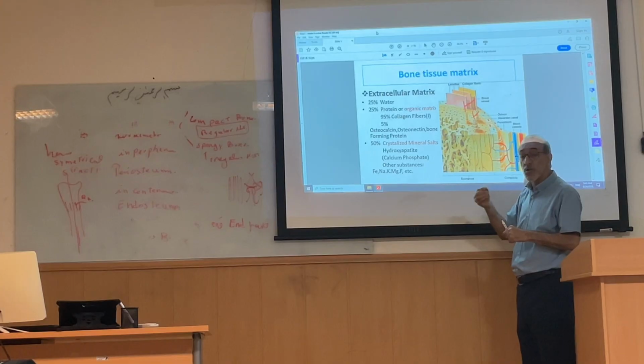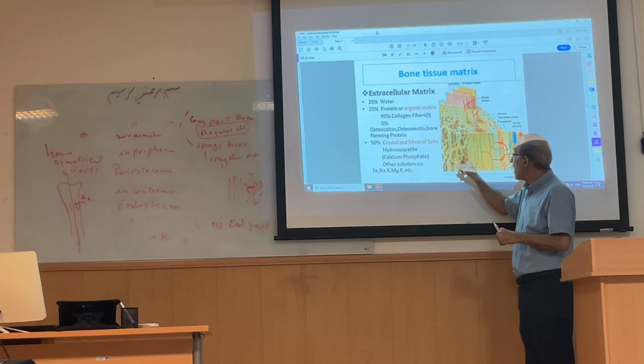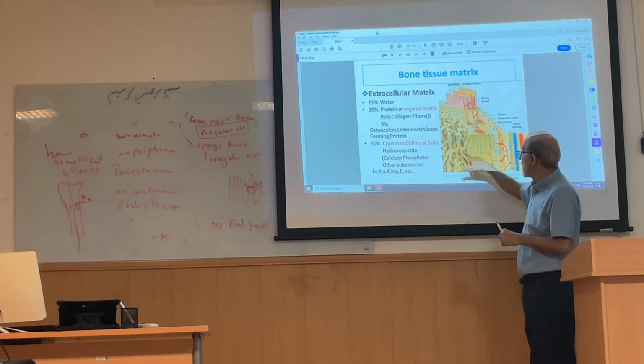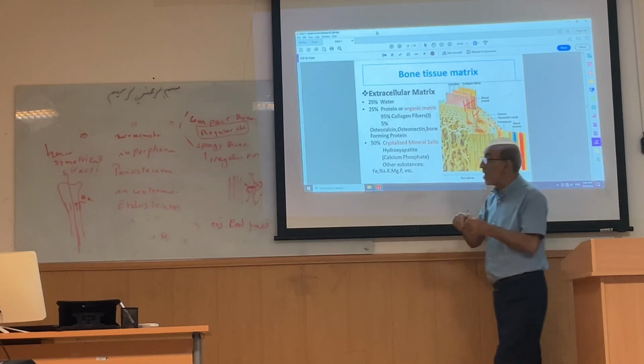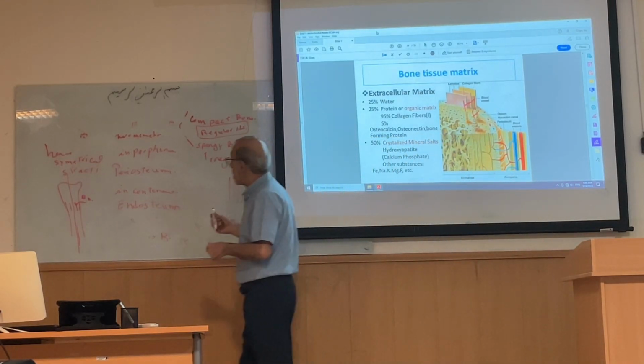The histological structure differs between endosteum and periosteum. Endosteum is one layer.